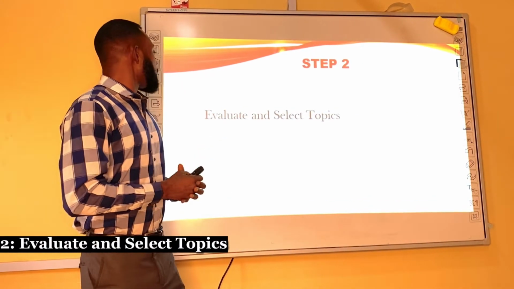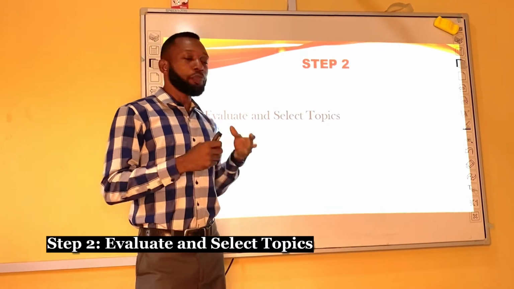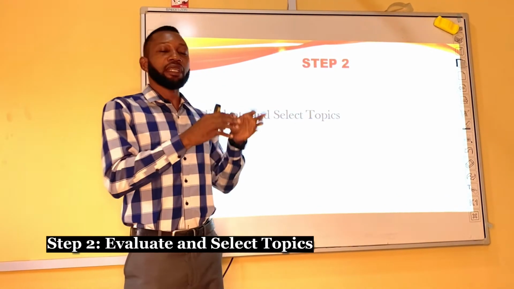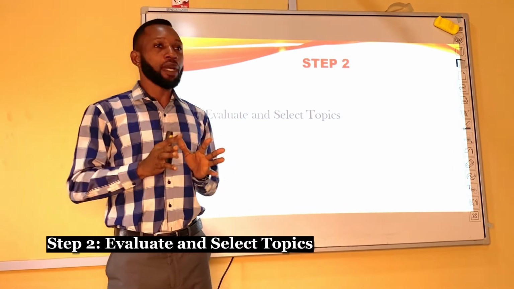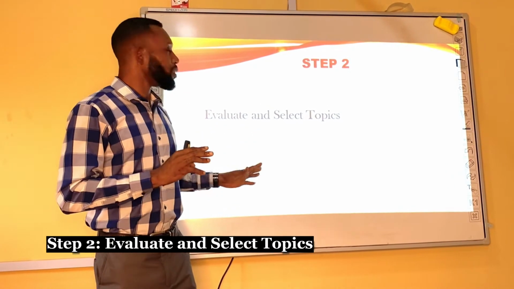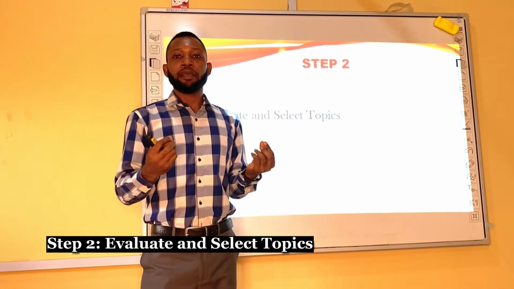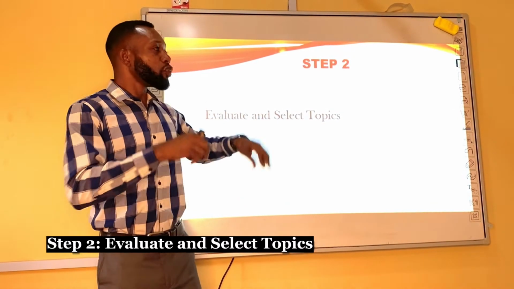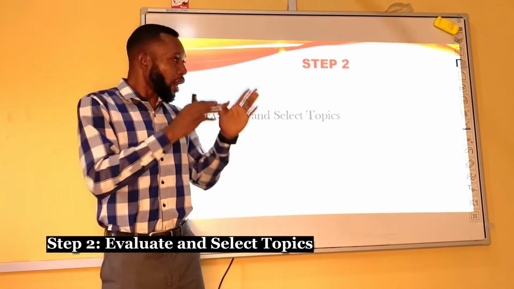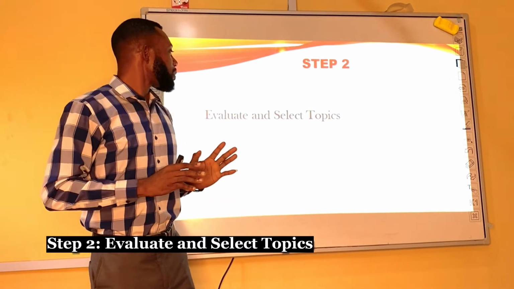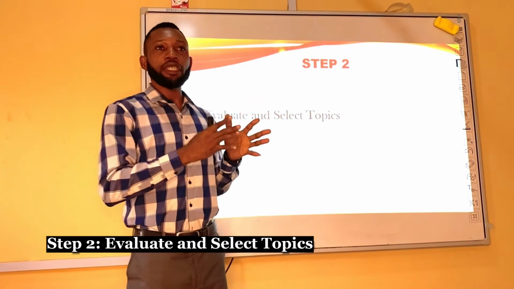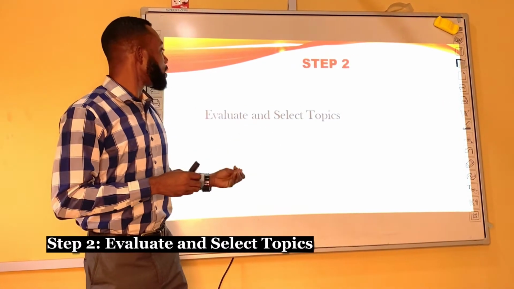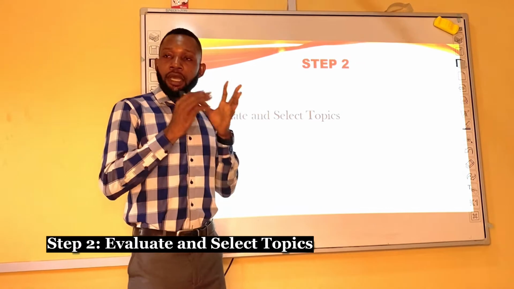The second step is evaluate and select topics. Once you have identified these literature that are relevant to your subject matter, you need to evaluate them. Look at the consistency in such literature and then see how the literature you select can be able to address the problem at hand. So after you have assembled this literature, then you make sense out of the ones that you have assembled.